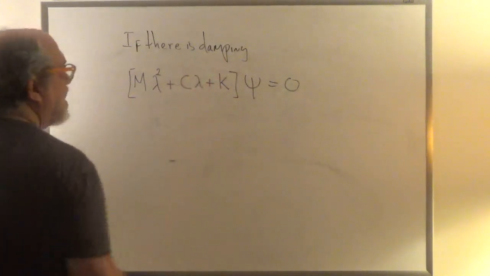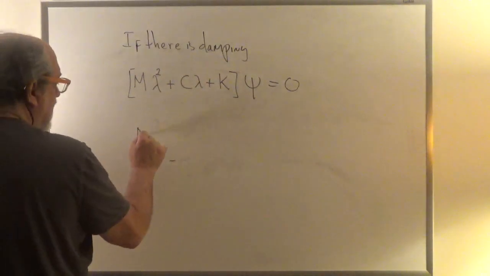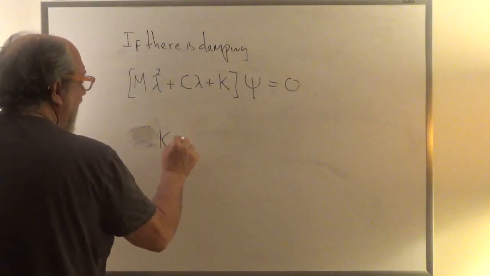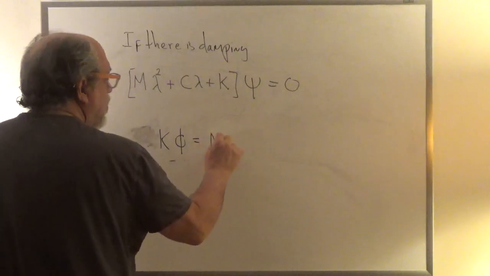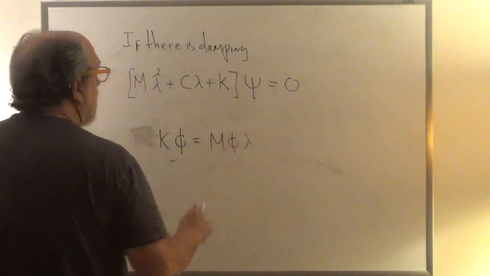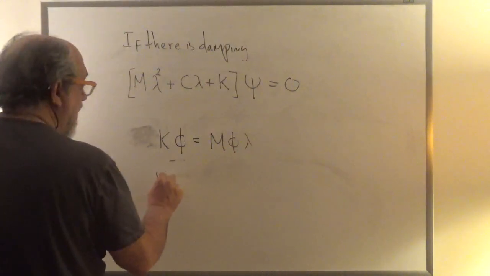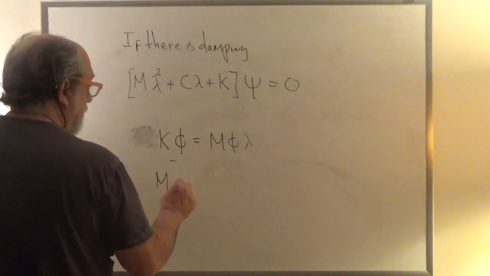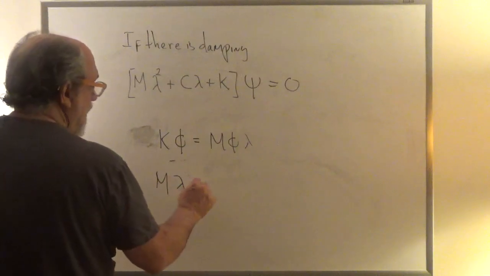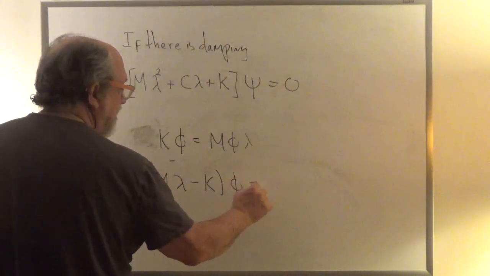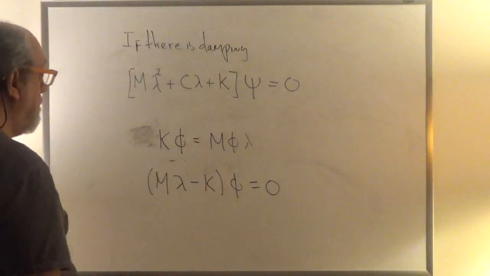And that's really just the same thing we had before. In fact, I wrote k phi is equal to m times phi times lambda, so that can be written as m times lambda minus k, parentheses, multiplied times phi is equal to 0, right?